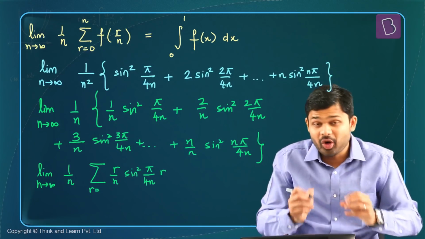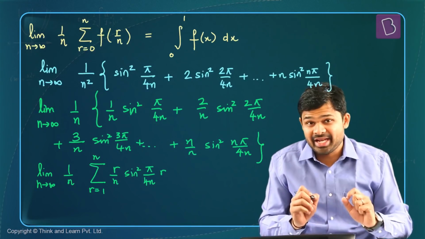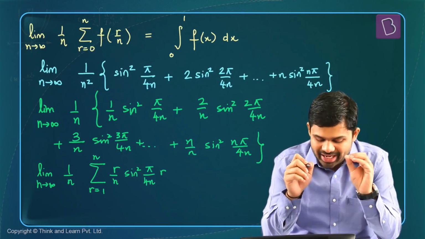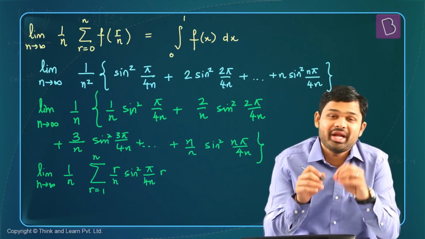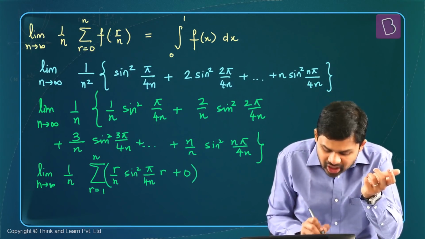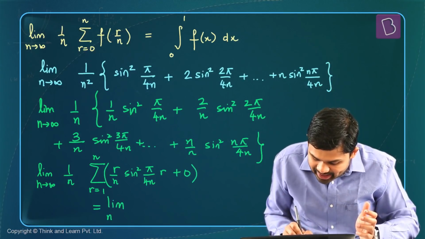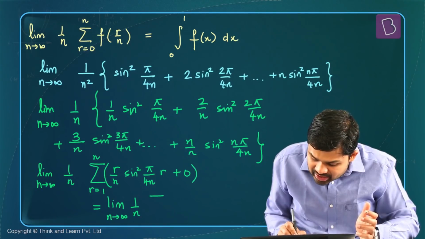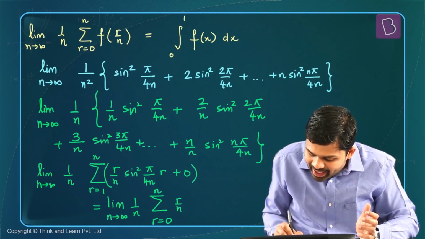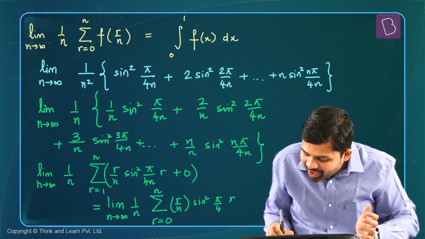Here r is running from 1 to n. But notice when you put r equal to 0, you get 0 times sine square pi by 4n into 0, which is nothing but 0. So you can add a 0 to this without changing the summation at all, and rewrite this as limit n tending to infinity 1 by n summation r running from 0 to n r by n sine square of pi by 4 r by n.